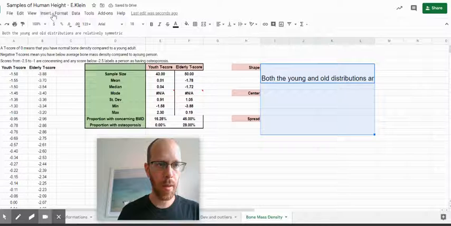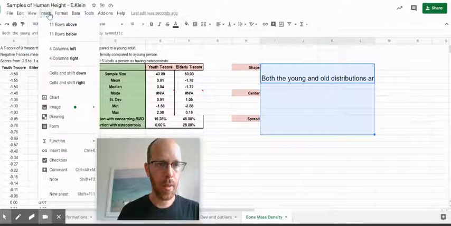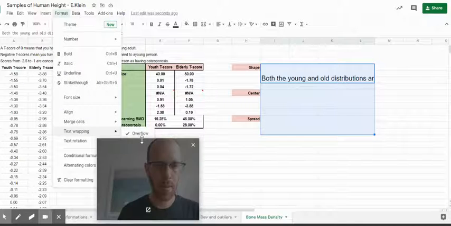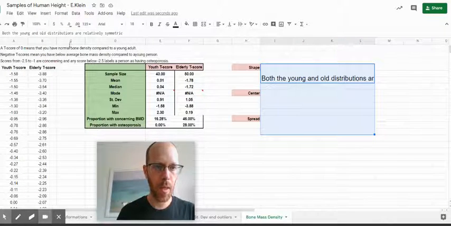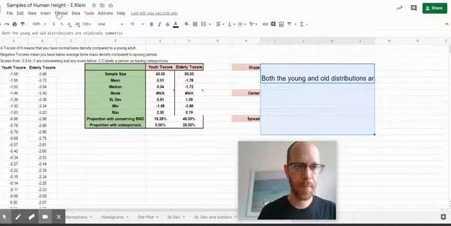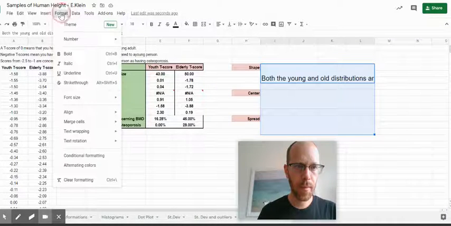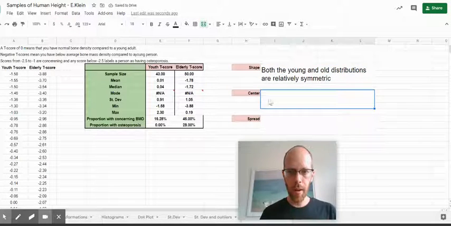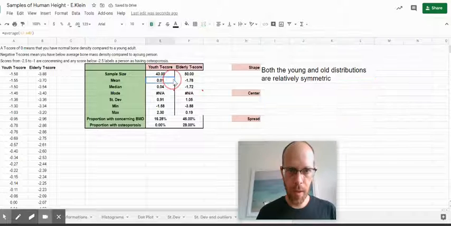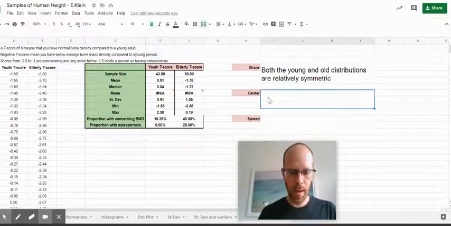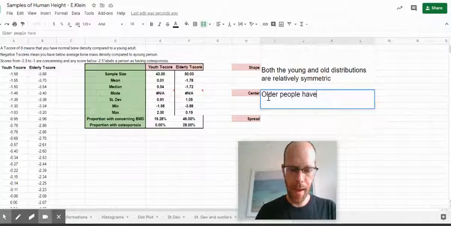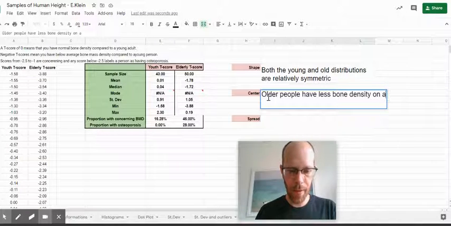Oh, that's much better. Okay, for the center, we would, let's see, use the mean. And so we can say that older people have less bone density on average.